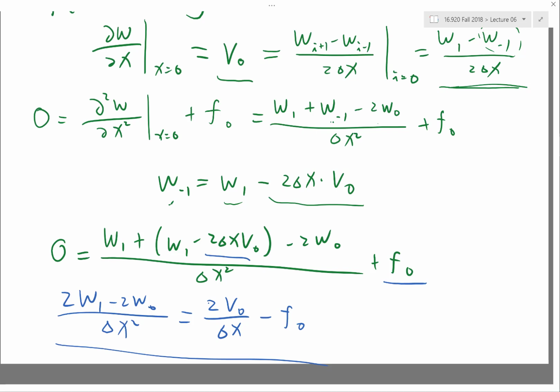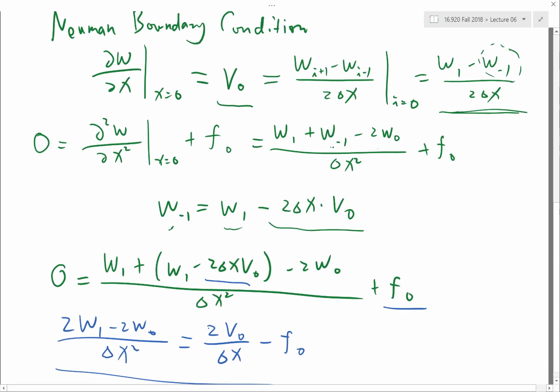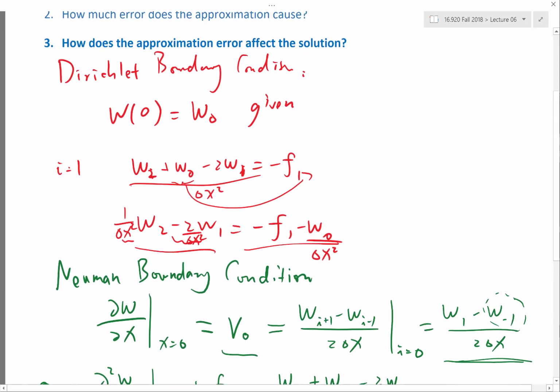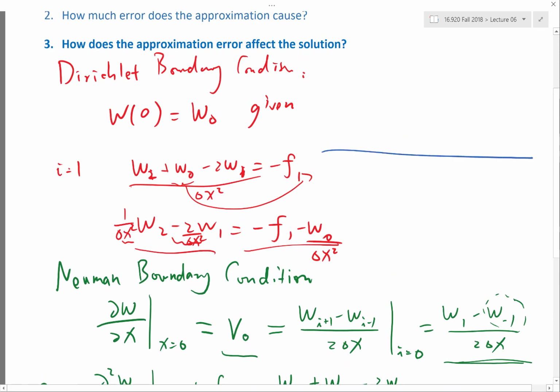Yes, question? Pardon? W-1 represents the value of W at what we call the ghost grid point. Right, so this is the domain 0 to 1, and these are the internal grid points at delta x, and you can imagine there is also a grid point at minus delta x, and the value at minus delta x is W-1.